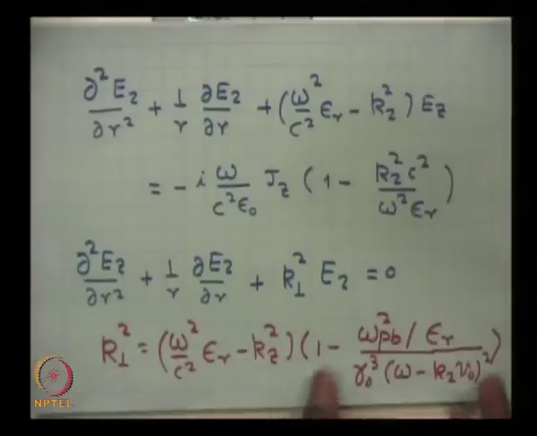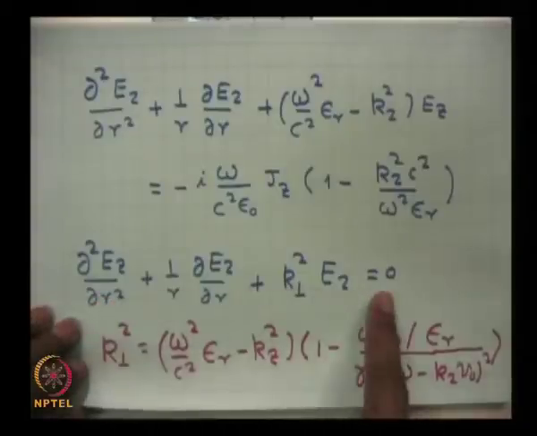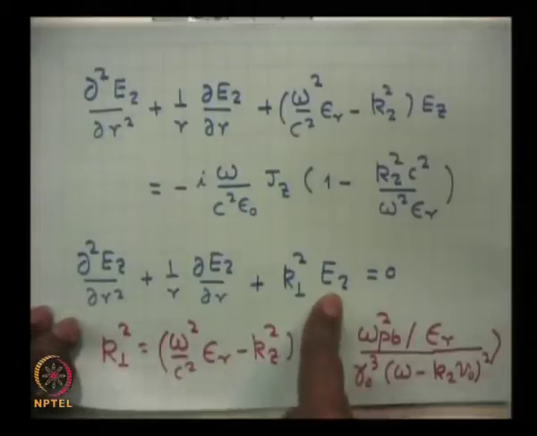So the beam contribution is contained in the second term, and through this we have to see how the beam transfers its energy to the wave, how the wave is amplified. Let us see. So I have to solve this equation with proper boundary condition. Ez is the axial component of electric field. At r equal to a, the wall of the waveguide, it must vanish, because if it is a metallic waveguide, then the tangential component of electric field must vanish.